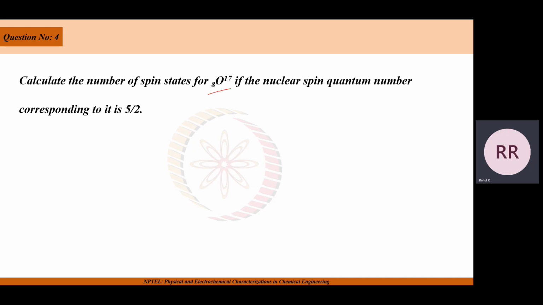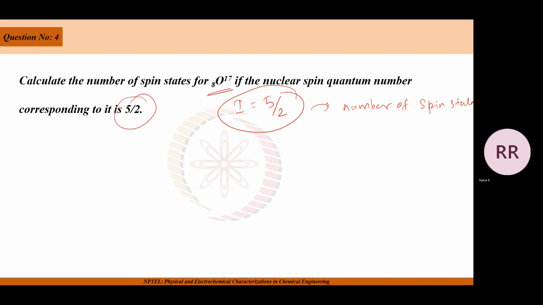Calculate the number of spin states for oxygen-17 (atomic number 8) if the nuclear spin quantum number corresponding to it is 5 by 2. So you have already been given the spin quantum number I as 5 by 2. With this information, you need to calculate the number of spin states.